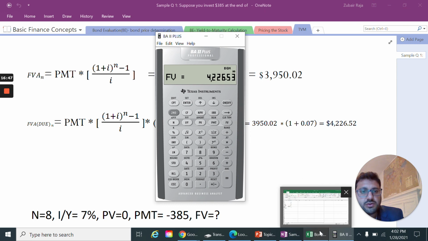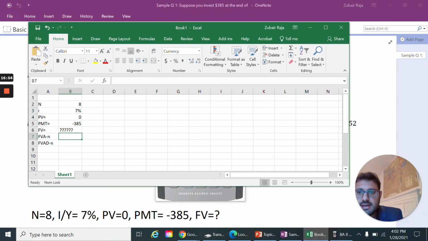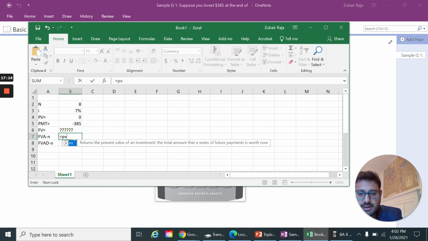Now there is another way to do it in Excel. In Excel, we have the same thing: n is 8, interest is 7%, present value is 0, payment is minus 385. I have to find the future value. So the future value of the ordinary annuity after 8 periods is equal to the present value and rate. What is my rate? 7% is my rate.